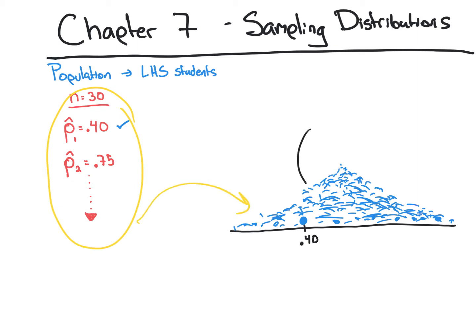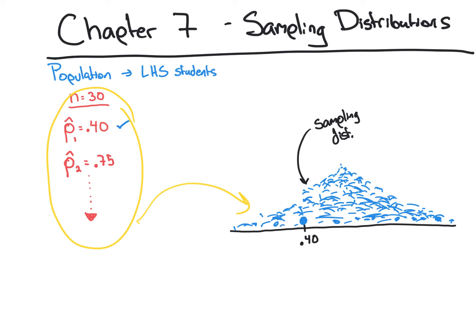And what this is called is a sampling distribution. It is all possible sample statistics plotted on the same graph. So that is what we talked about in 7.1.